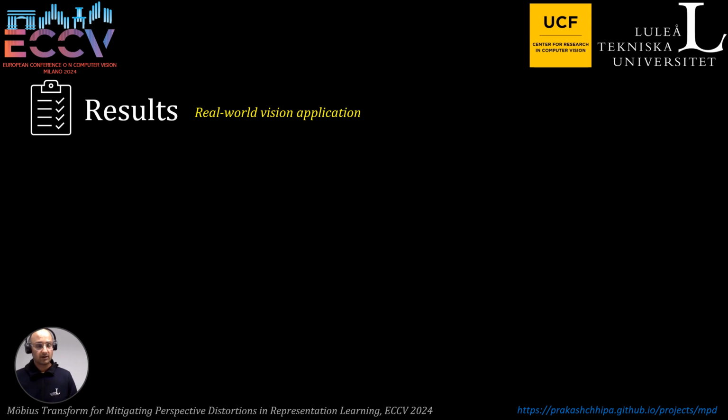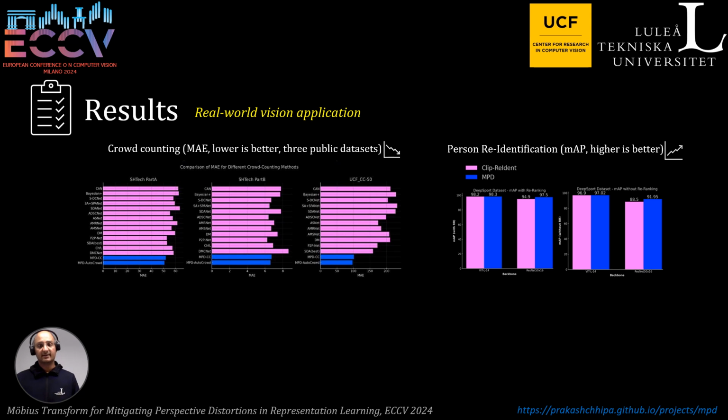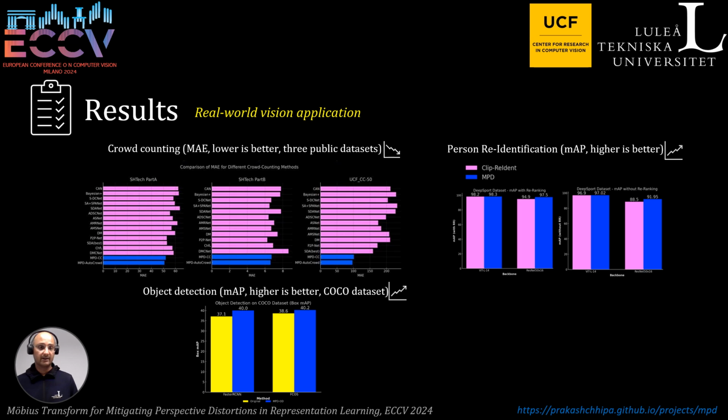Then we talk about the results on real-world applications. Coming to crowd counting, on 3 different datasets it achieved state-of-the-art performance, with significant improvement. Similarly, the CLIP-ReID method, when integrated with the MPD method, has shown quite good performance improvement on both backbones, ResNet and ViT.